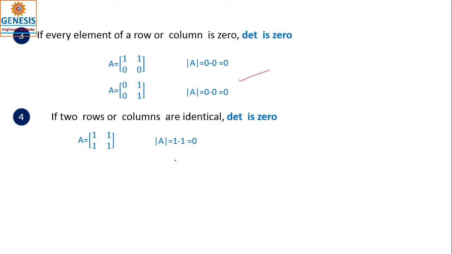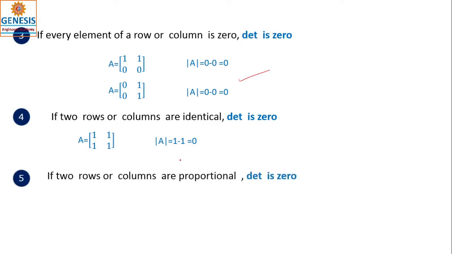If two rows or columns are proportional, that means a multiple of a number, then also the determinant is 0. See this: 1 1, and the next row is 2 2. So 2 2 is a multiple of the first row. Even in that case, the determinant is 0. 1 into 2 minus 2 into 1 is also 0.